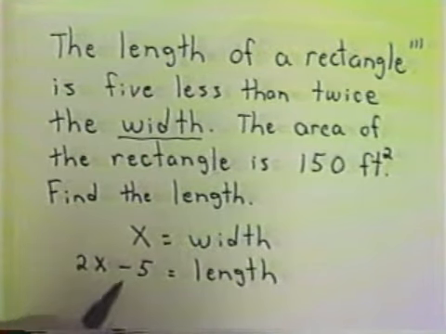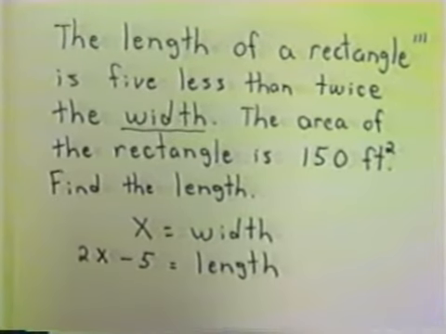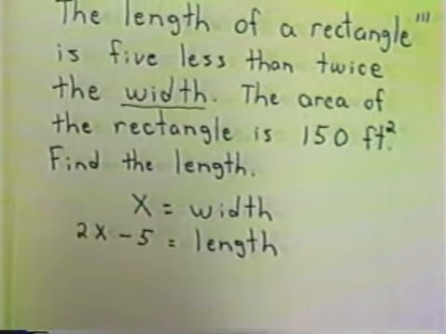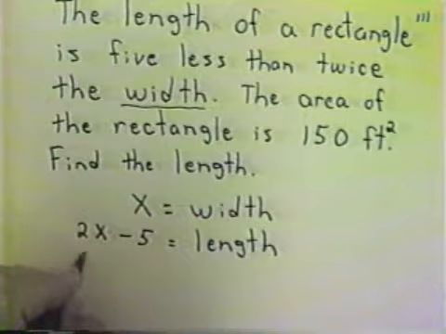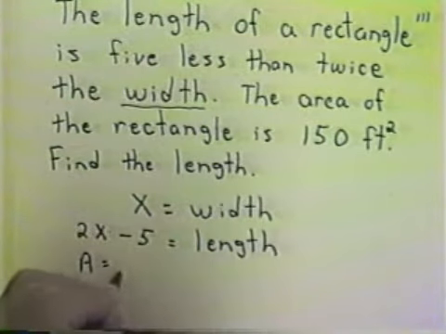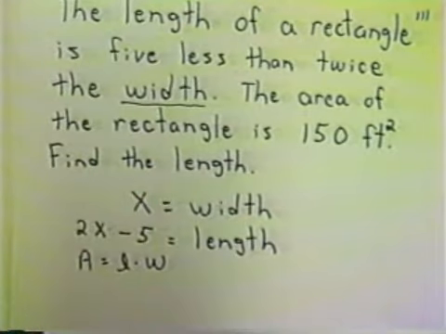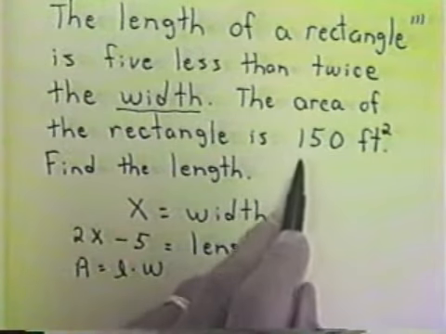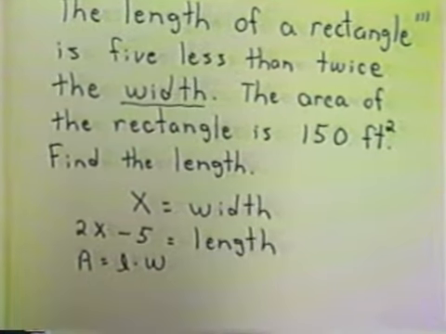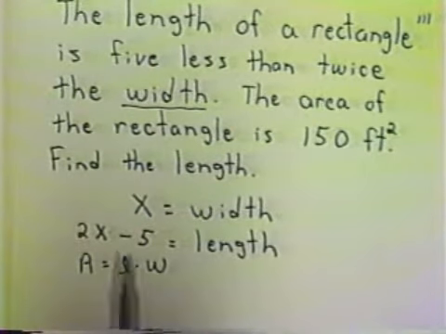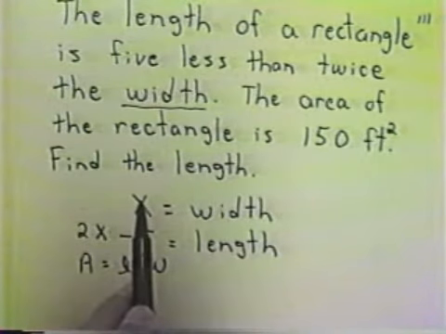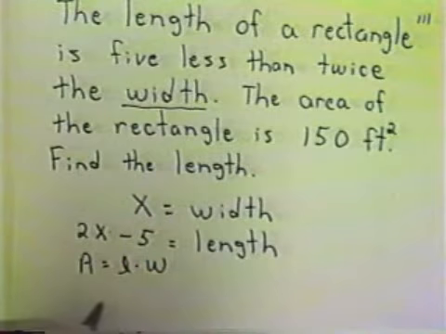Now that's step 1, assigning variables. Step 2 is to form the equation. Remember, the area of a rectangle is the length times the width. The area of this particular rectangle is 150 square feet. So if I multiply the length times the width, I get 150.